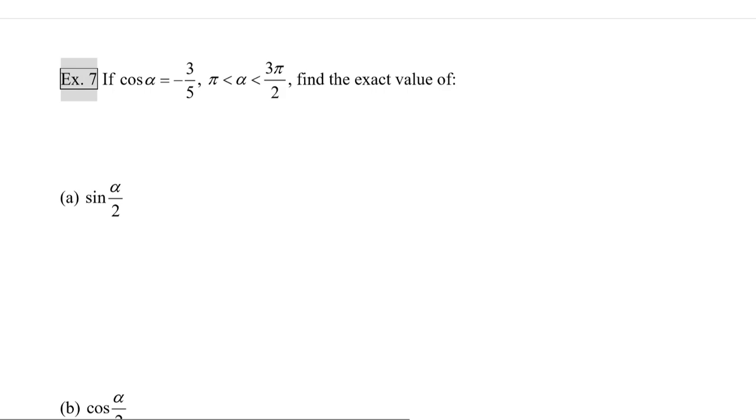If I take this inequality right here and I divide everything by 2, this is going to say that pi over 2 is less than alpha over 2, which is less than 3 pi over 4. So if alpha over 2 is between pi over 2 and 3 pi over 4, alpha over 2 is in quadrant 2.